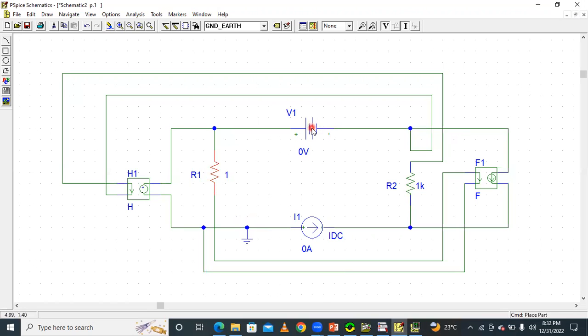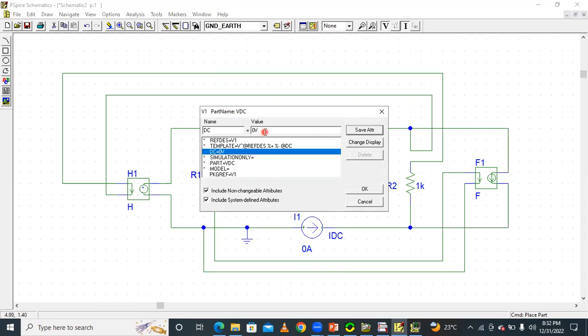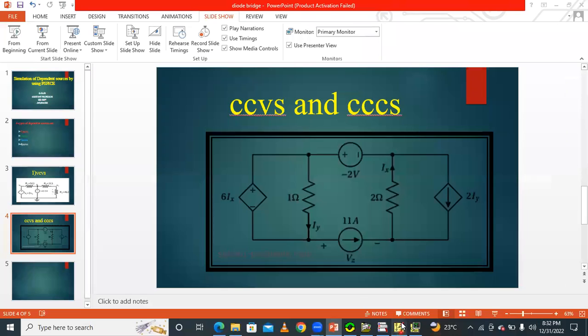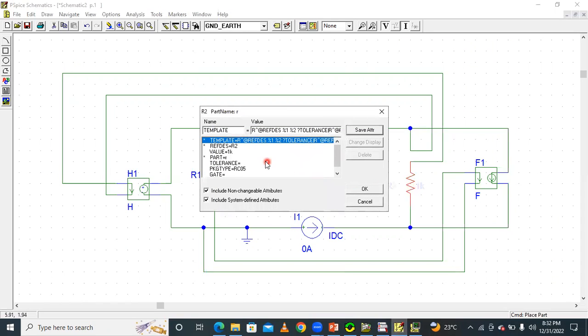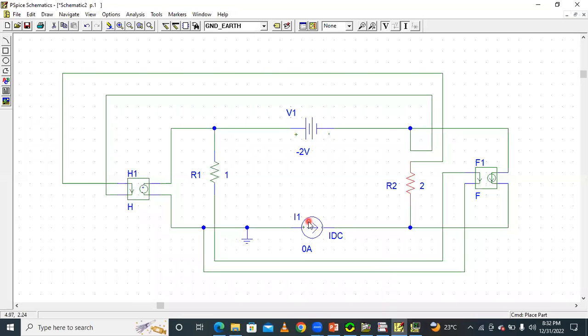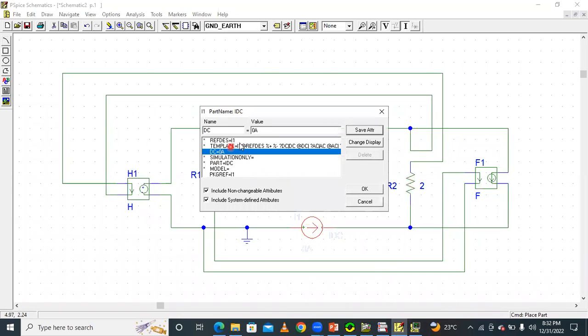Next, this DC voltage is -2 volts. And next, this is the 2 ohm resistor. The value of resistance is 2 ohms. Save attributes, then OK. And the current here, what is the current? The DC current is 11 amps.